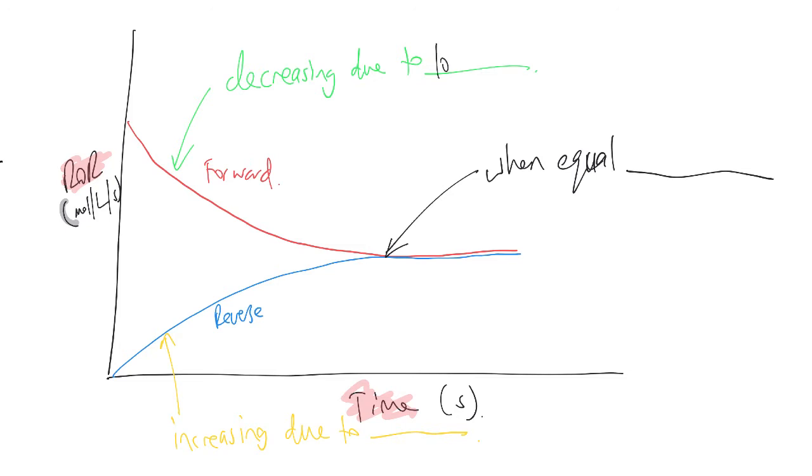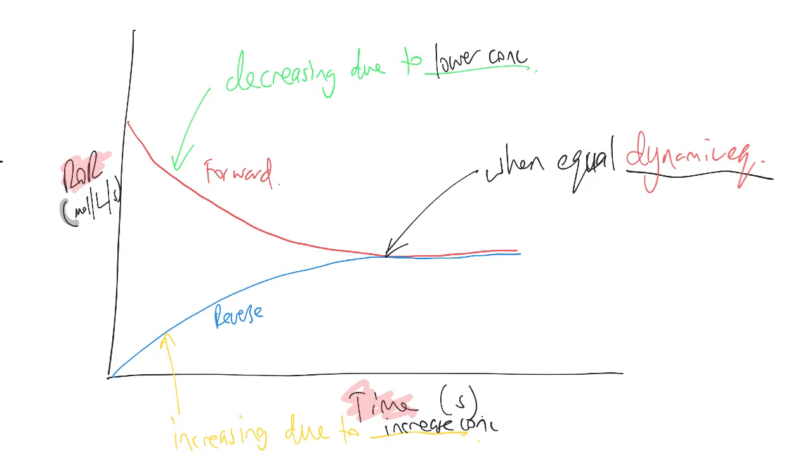Because you have a lower concentration over time because the reactions are occurring. And the reverse is increasing over time due to an increase in concentration. So the reverse increases, the forward decreases until they become equal, and then you have dynamic equilibrium.